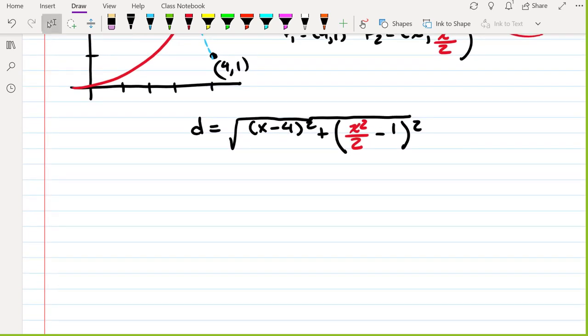So right now we would need to take the derivative of this, and that's going to be chain rule plus chain rule, if we need to do it that way. But it turns out that there is a useful fact that we want to take advantage of.